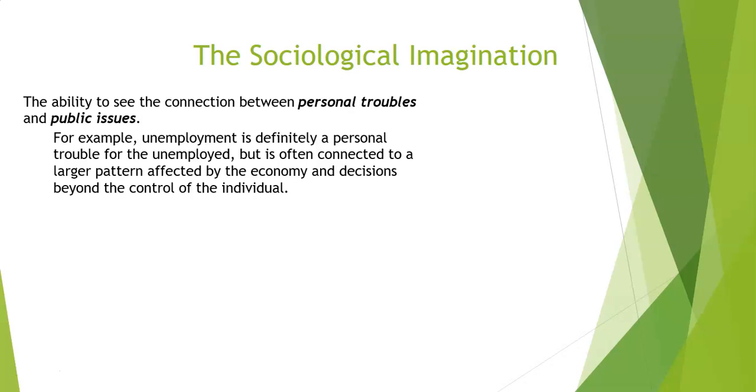It is definitely a troublesome situation to be in, but that personal trouble is often connected to a larger pattern affected by the economy and decisions beyond the control of the individual. So there are things happening outside of the control of the individual that are affecting individual decisions. And that's what we're talking about with the sociological imagination. It's the ability to see that connection between the individual decision maker and society at large.